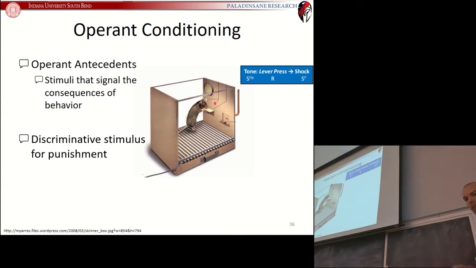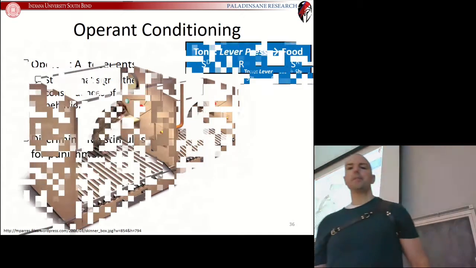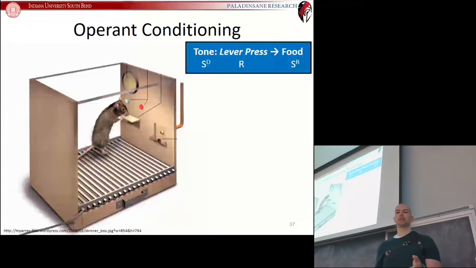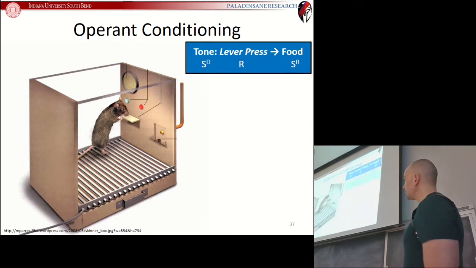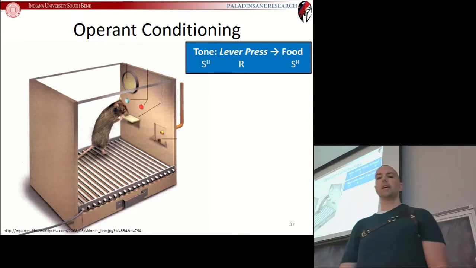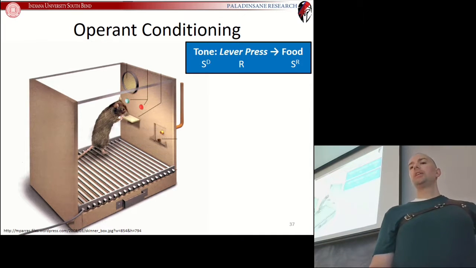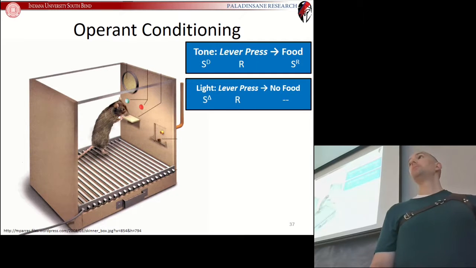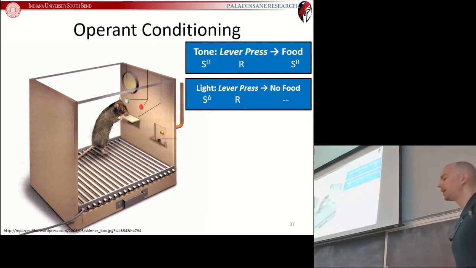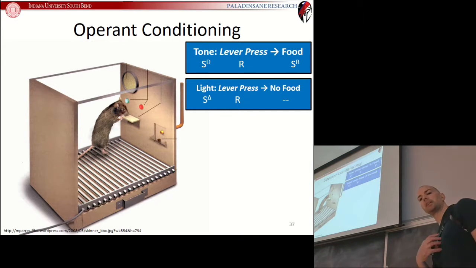And then the last operant antecedent that we have: if you have a case where when a tone is sounded, the lever press will lead to the reinforcer of food, but when a light is present, the lever press will lead to nothing. It doesn't lead to punishment. It doesn't lead to reinforcement. It just leads to nothing. You can lever press all you want, but you're not going to get any food.